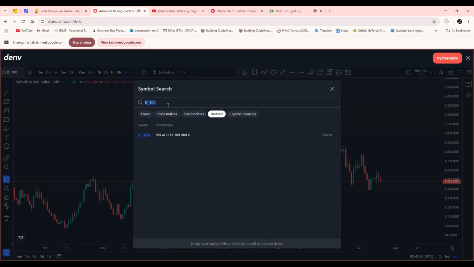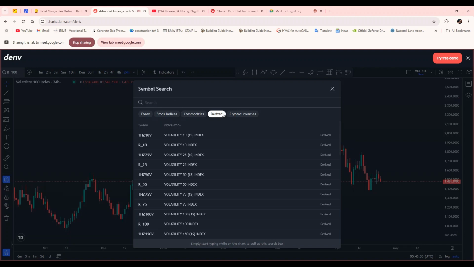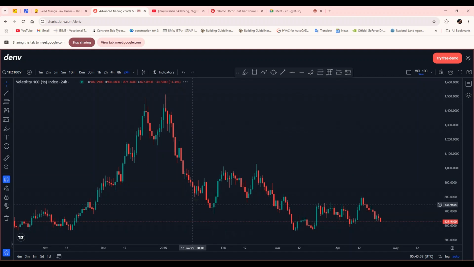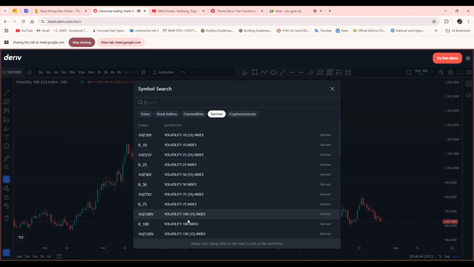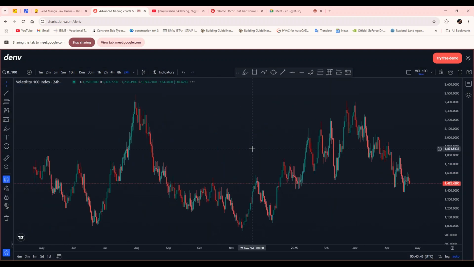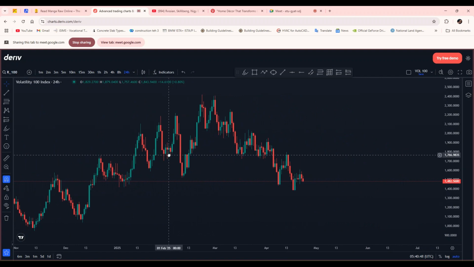You can just go to the symbol search bar here, go to Deriv, and you can look for the pair. You can choose the one you like or choose a pair that you want to mark up. So my choice is going to be volatility 100.